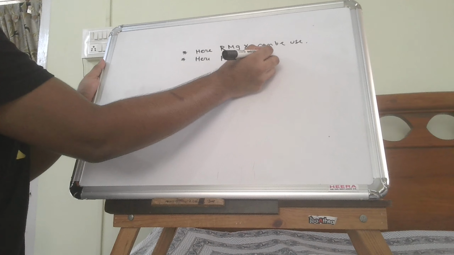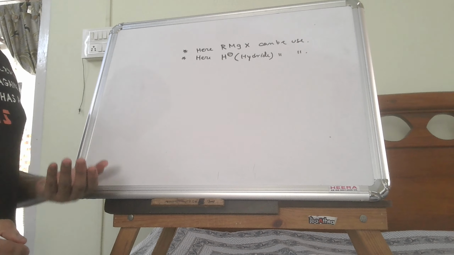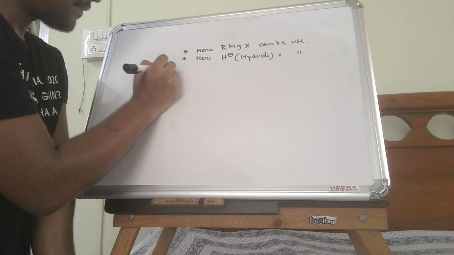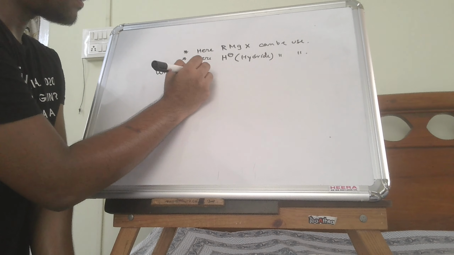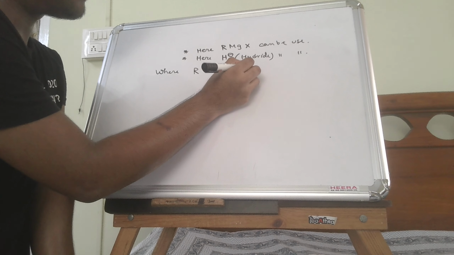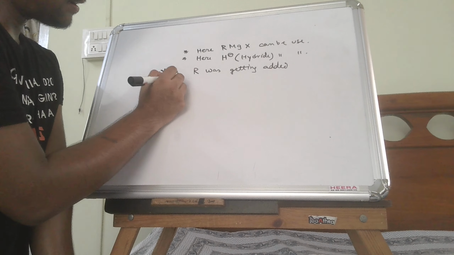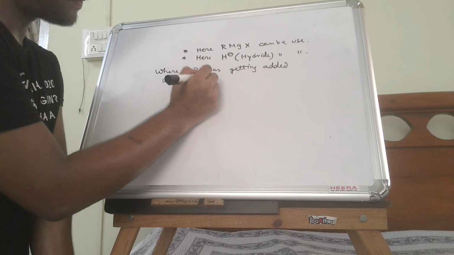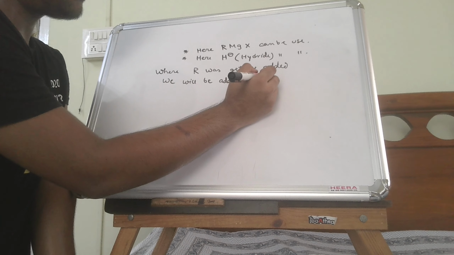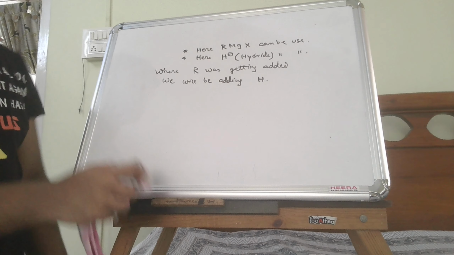Hydride can be used. In the Grignard reaction, R was getting added; here we will be adding H. That's the only difference. Nothing more than that.